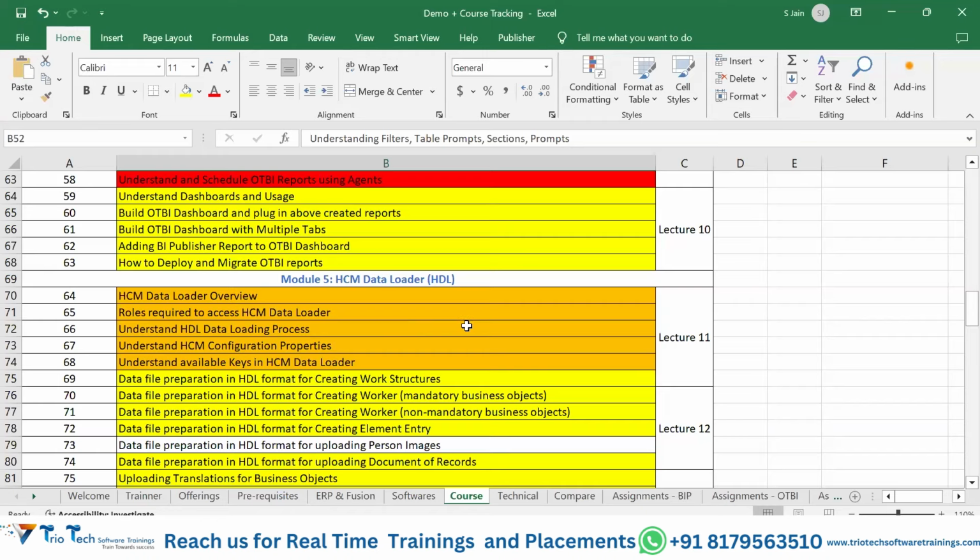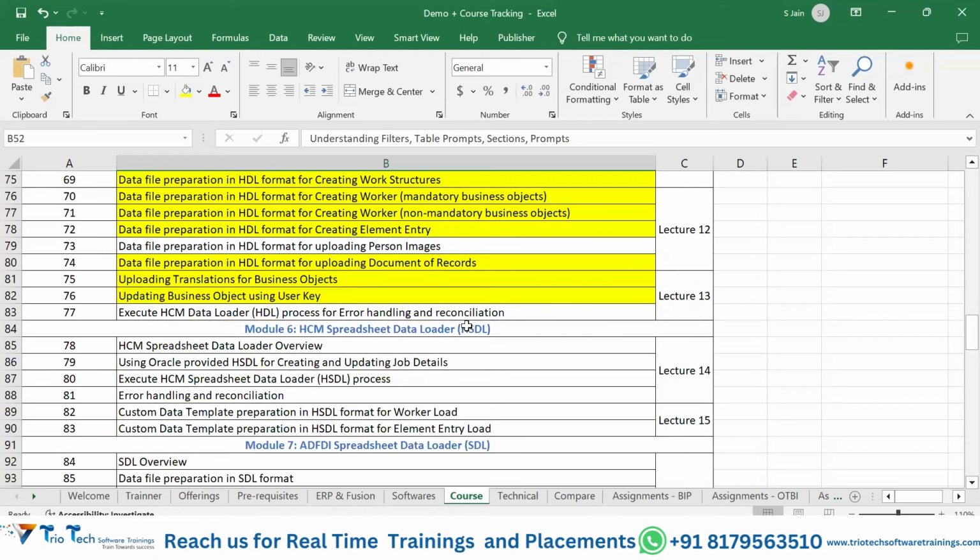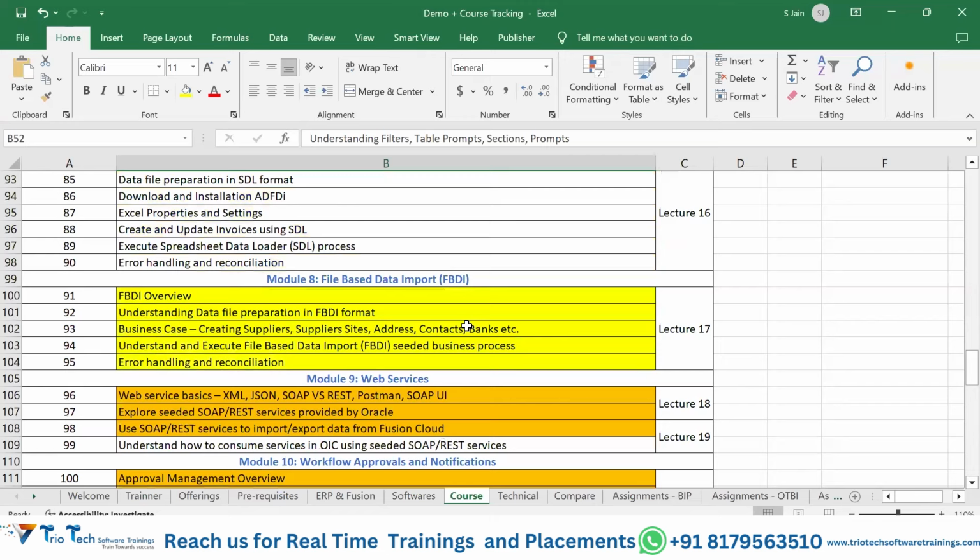We will be discussing and learning all these tools and techniques. Okay, so guys, this is a very extensive course that we are having. We will be having a different tool to load the data specific to supply chain related data or financial related transactional data. We will be learning a tool called FBDI.